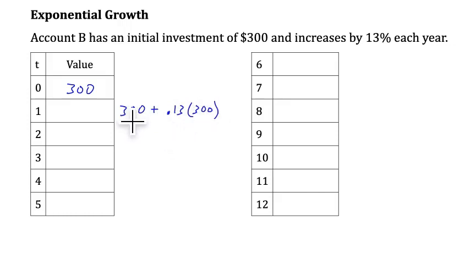So it's what we started with plus 13% of 300. So that would be $339. Notice it increased by $39.